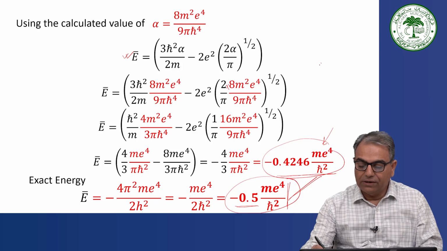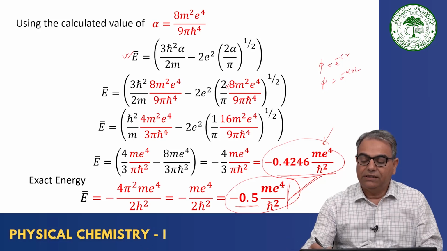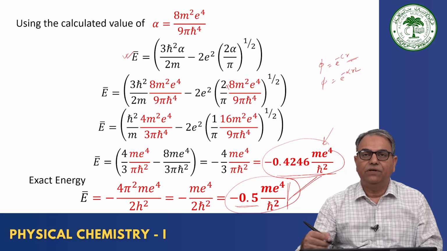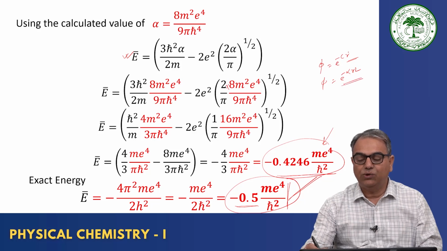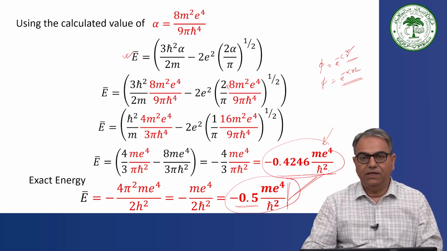So from the two trial functions, phi equal to exponential minus cr and phi equal to exponential minus alpha r square, we have seen that the first gives exactly the energy obtained by solving the Schrodinger wave equation. But the second does not give the same energy because it is a trial function. The first was the actual function, so it gives the exact energy. This is a different function, so it gives an energy very close to the actual value, but not the actual ground state energy. It's minus 0.4246 me4 divided by h cross square. Got it?